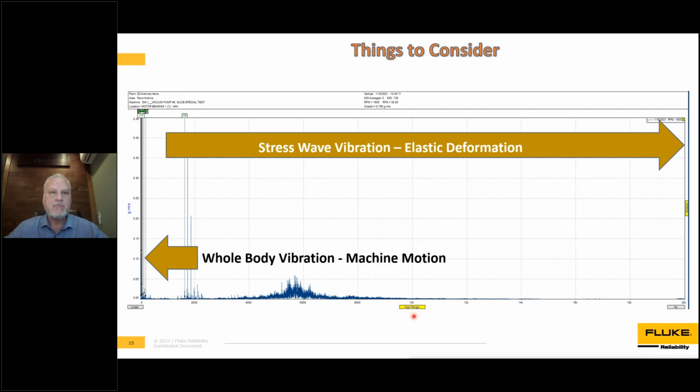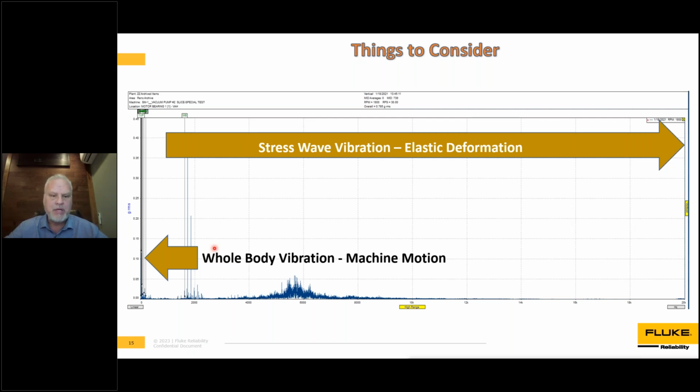From a concept standpoint, I would like everybody to know that there are two different kinds of vibration. If you study vibration, there's what's termed whole body vibration, and there's stress wave vibration. These two vibration types really have some crossover, and it's really hard to define that frequency because it's going to be different for every machine. But you can think about whole body vibration as any vibration that makes the entire machine rock or move.